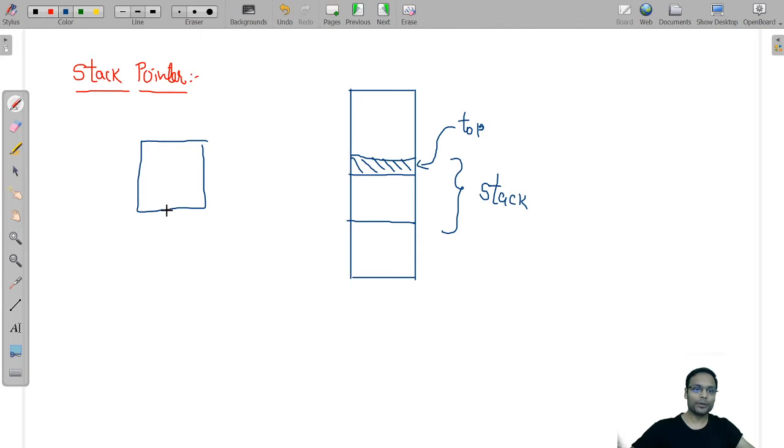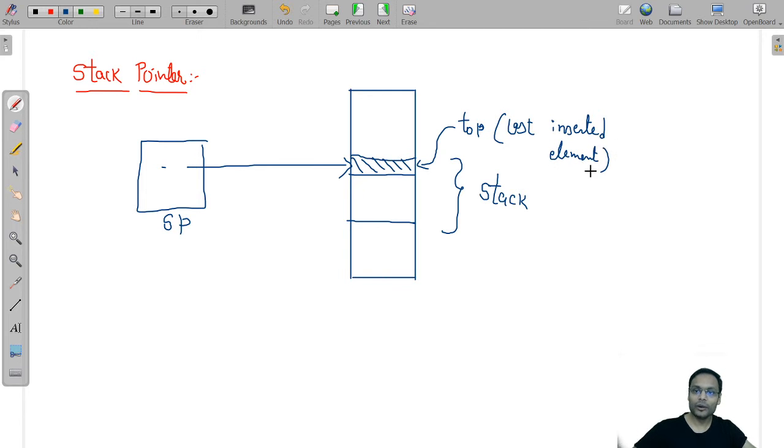So within the CPU you have a stack pointer, and that stack pointer holds the address of this particular top element, the last inserted element. So top is nothing but the last inserted element. Whichever last inserted element we have, its address is stored in the stack pointer. And why do we need it? Just to access the stack. Right?